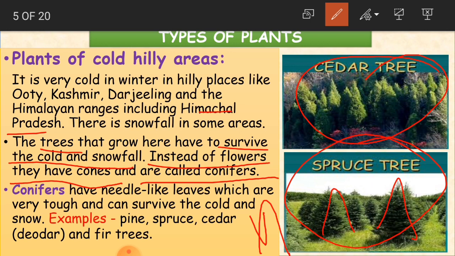Examples are pine, spruce, cedar, deodar and fir trees. You can see these pictures here. These are examples of trees which survive in cold and snow areas. So these are one type of plants which grow in cold hilly areas.